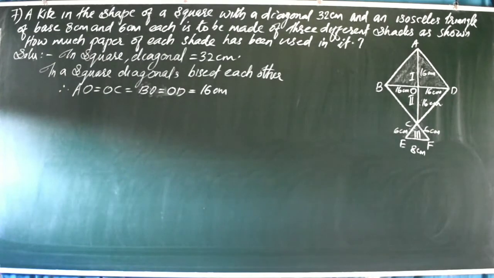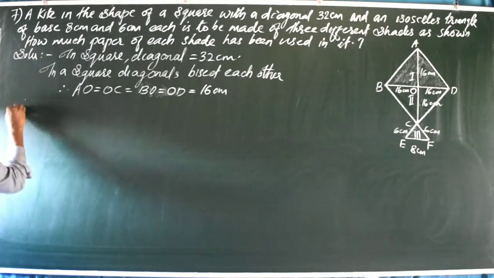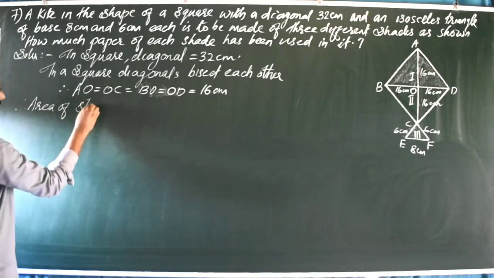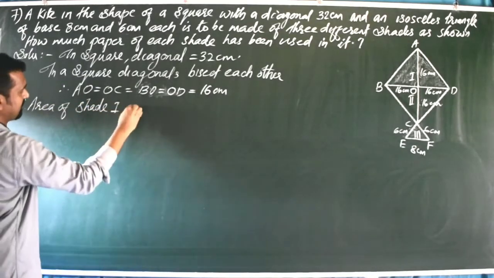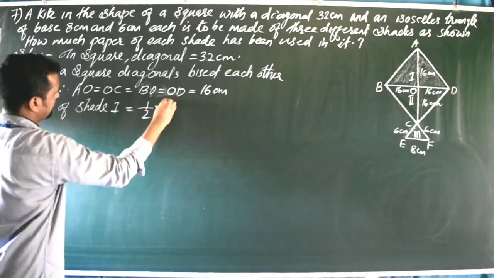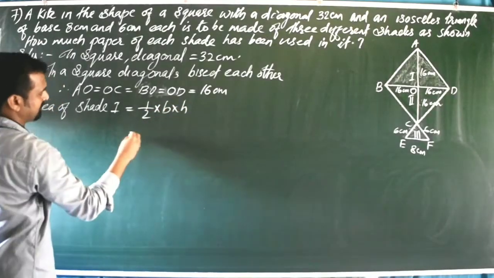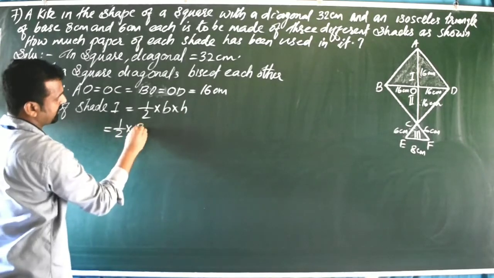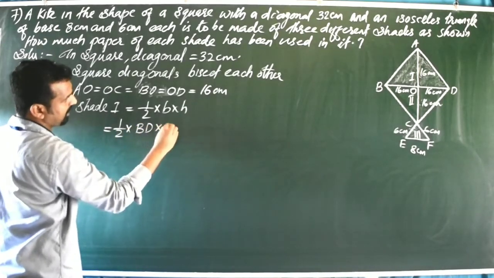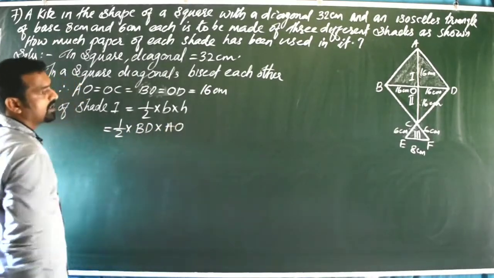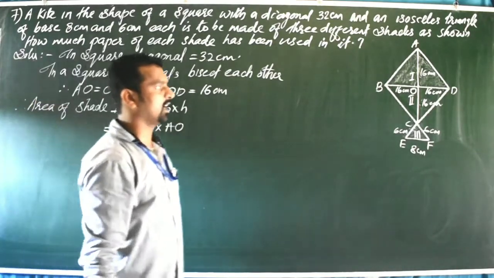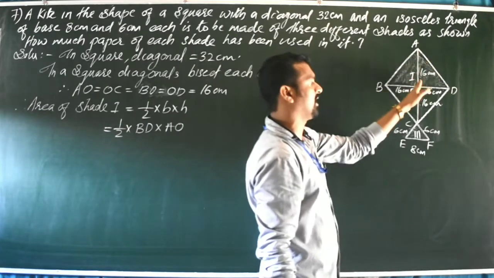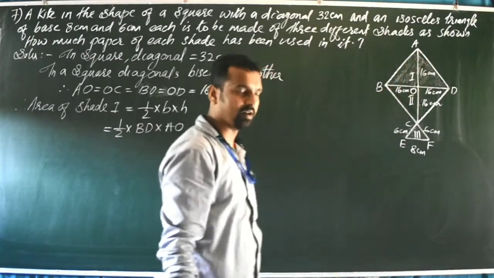Then next we can write, therefore area of shade 1 is equal to, we can use the formula 1 by 2 into base into height, that is 1 by 2 into base BD into height AO. It is in the form of a triangle, and its base and height are there. So using that base and height, we can find out the area of shade 1.